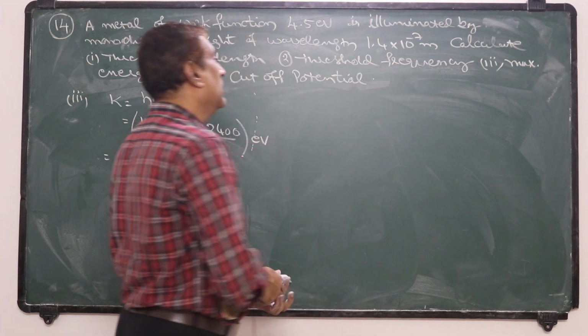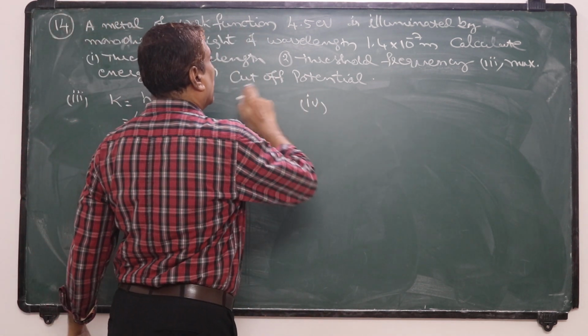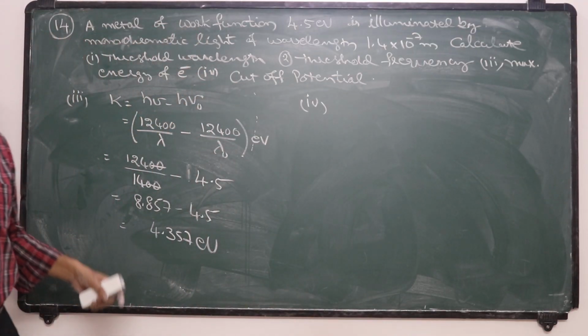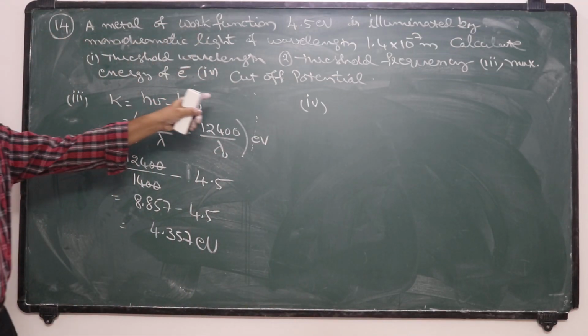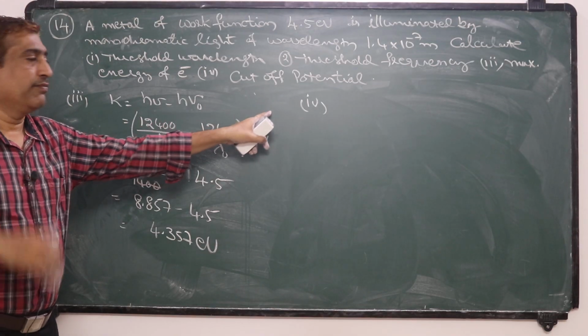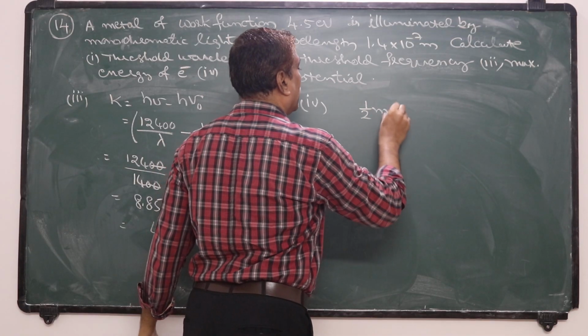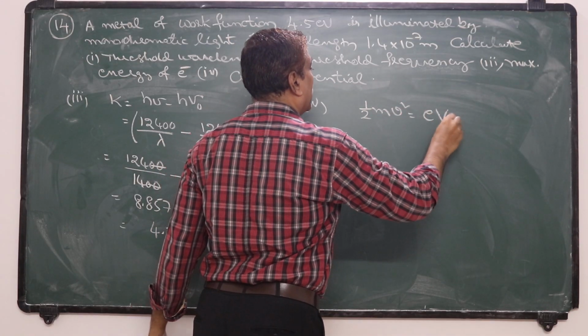Now the fourth one, cutoff potential. Cutoff potential means the negative potential required to reduce the kinetic energy to 0. In that case, K, which is half mv square, is equal to eV naught.